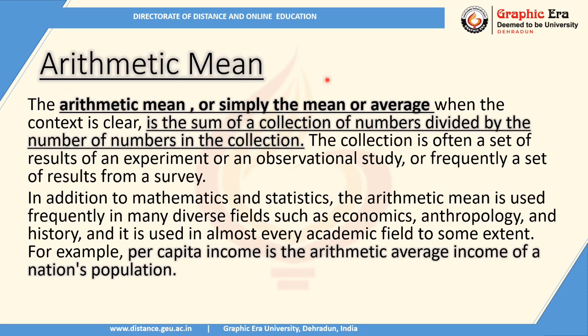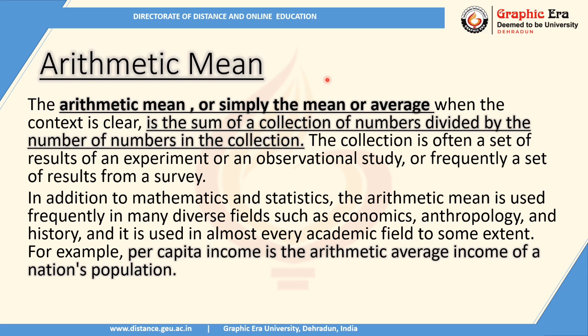So the arithmetic mean, what is this? This is simply the mean or average, and we can find this only when the context is clear, and by the rule, the sum of all the data divided by the number of collections or number of objects or articles.